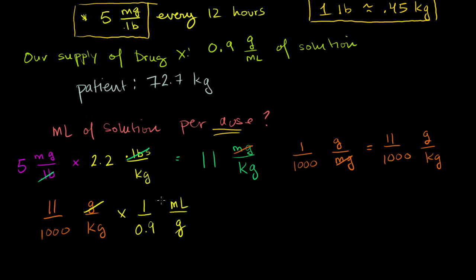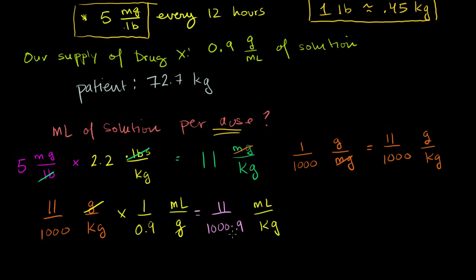We have milliliters per kilogram. And then we multiply it out. 11 over 1,000 times 1 over 0.9. So this is going to be 11 over 1,000 times 0.9 milliliters of our solution per kilogram.